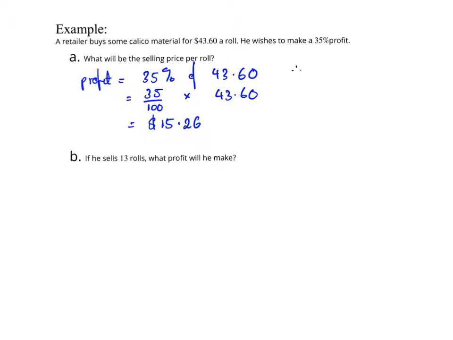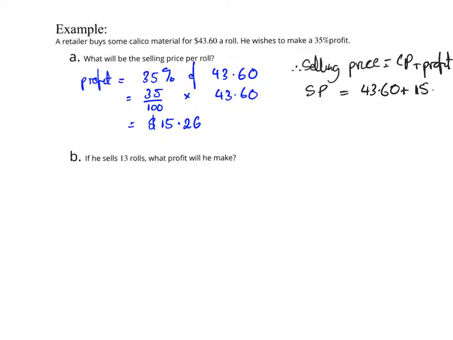Well, we know that the selling price is equal to the cost price plus the profit. So in this case, our selling price is $43.60, which was the cost price, plus the profit, which was $15.26. So total gives you $58.86. So that is the selling price per roll of material.